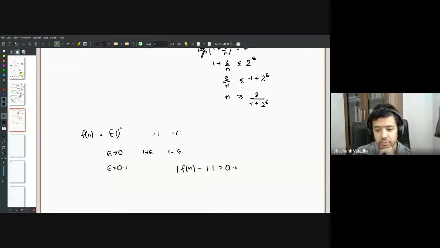And similarly, you can also find points such that f of n plus 1 is greater than 0.1. Because for every odd number, f of n minus 1 will be greater than 0.1, and for every even number, the absolute value of f of n plus 1 will be greater than 0.1.